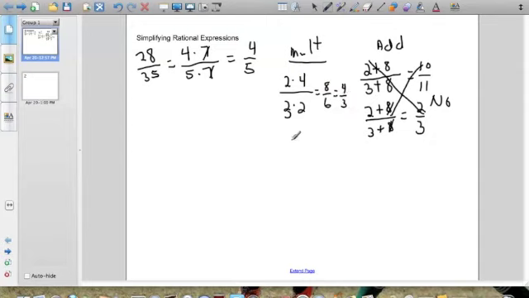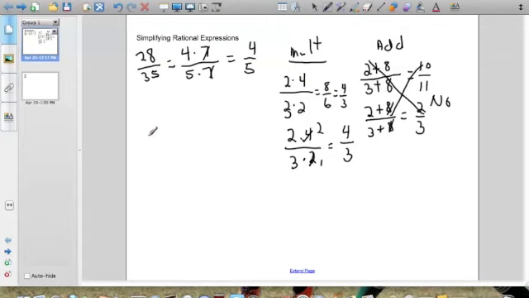Let's say I started with that same problem and realized I could have simplified it to start. I could have made that a 1, I could have made that a 2, and I go right to 4/3. That's why it works for multiplication, but it does not work for addition and subtraction. So you can simplify things, and that's where factoring comes in. We're going to have to factor things. So we're going to look at a few examples here where they've already factored.